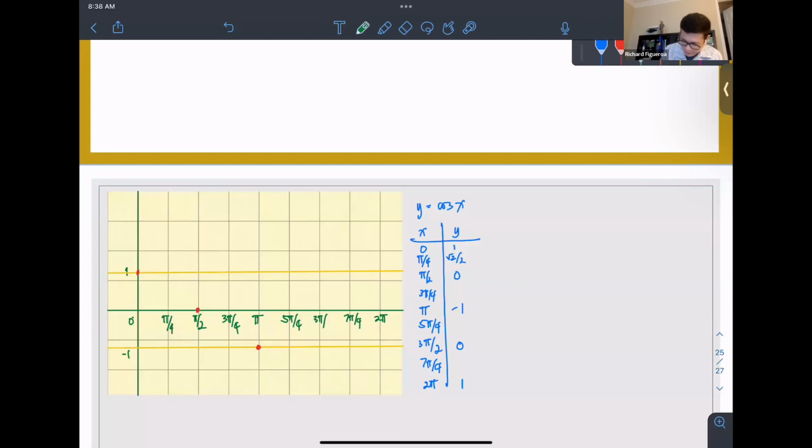So in this case, we are plotting when x is 0, so y is 1. And, okay, so all the values of zeros and ones are the ones that were graphed.